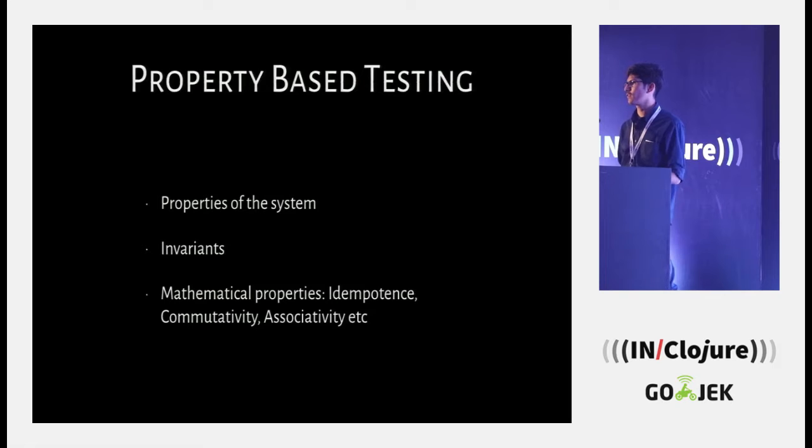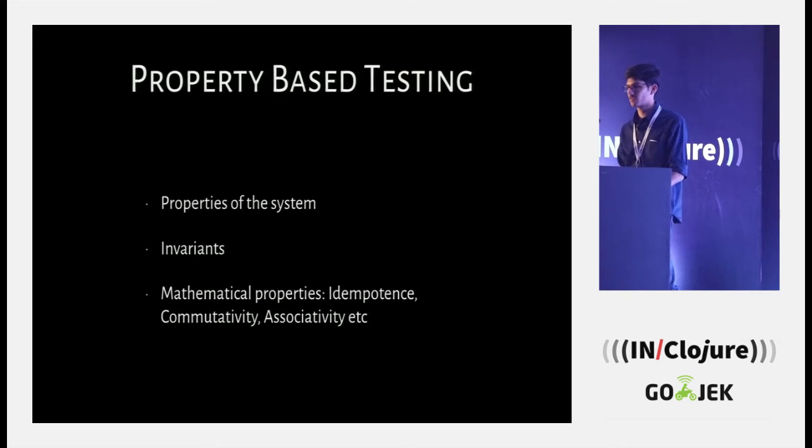These are properties of your system. Properties of your system are invariants which don't change for any input that the generator might generate. Examples of properties of a system are mathematical properties like idempotence, commutativity, associativity.